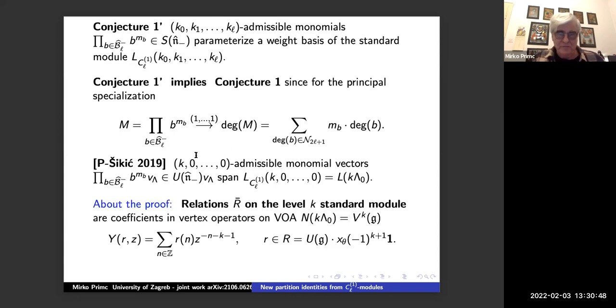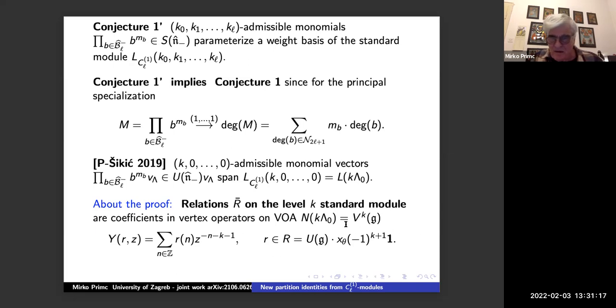About the proof, we need relations on the level k standard module. These are the coefficients of vertex operators on this universal VOA. We keep the notation that N is the generalized Verma module, and some other people prefer V^k of g.